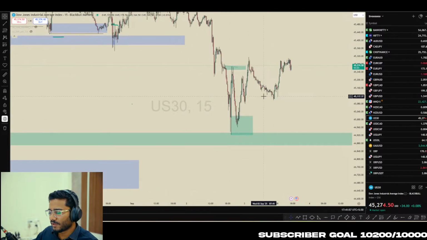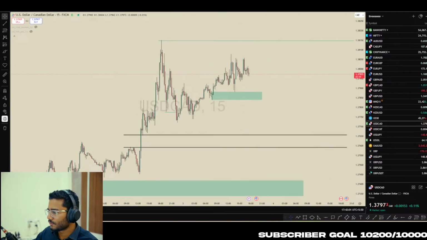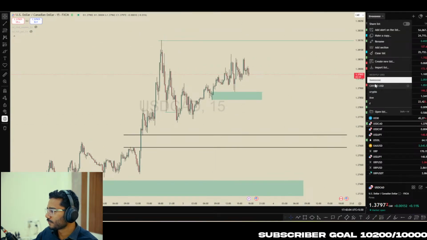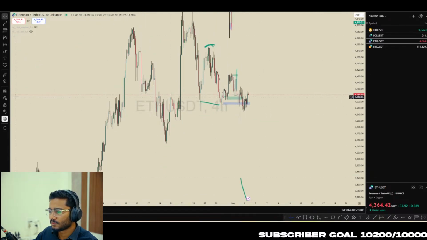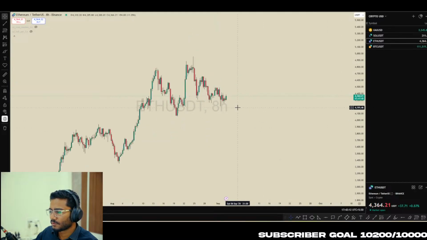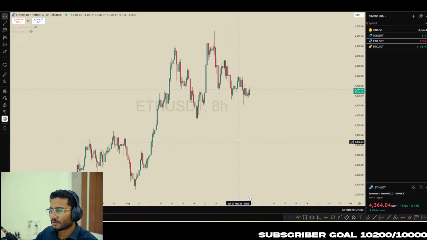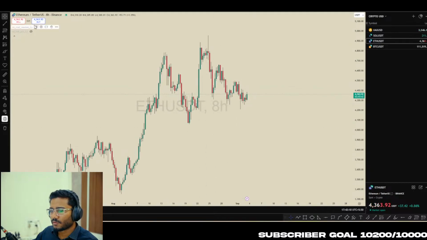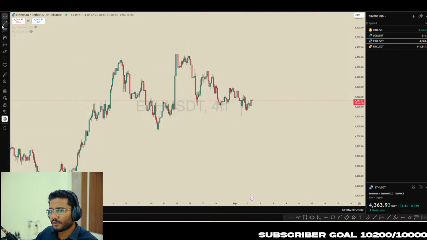US30 also reacted from the order block from yesterday's live. Ethereum, let's see. If you look at the higher time frame, then price is continuing to the downside.